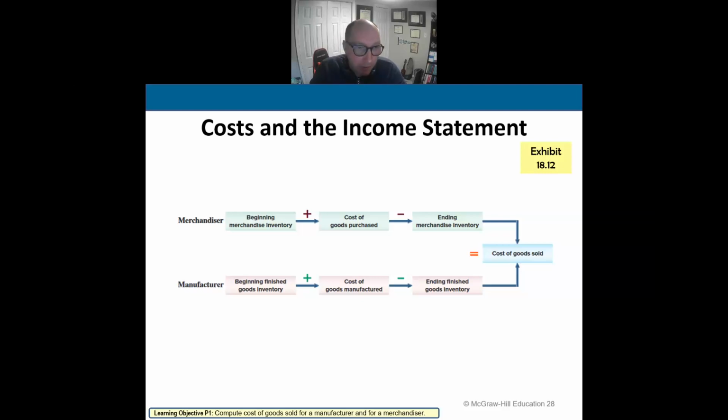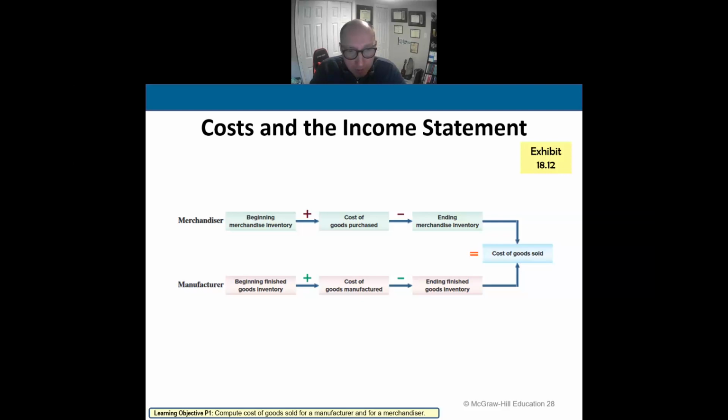In a merchandise business or a retailer, we take beginning inventory plus cost of goods purchased minus ending inventory equals cost of goods sold. In manufacturing, we take beginning balance finished goods inventory plus cost of goods manufactured minus ending balance finished goods inventory equals cost of goods sold.